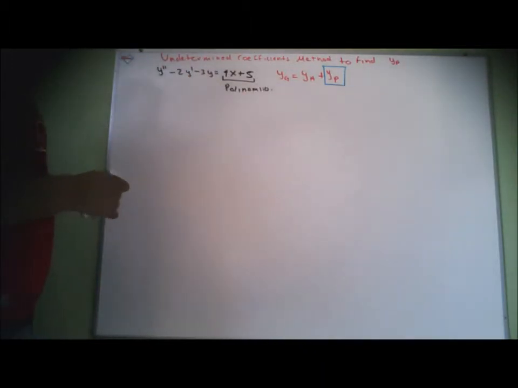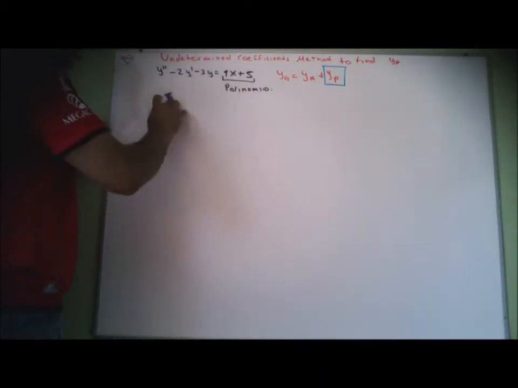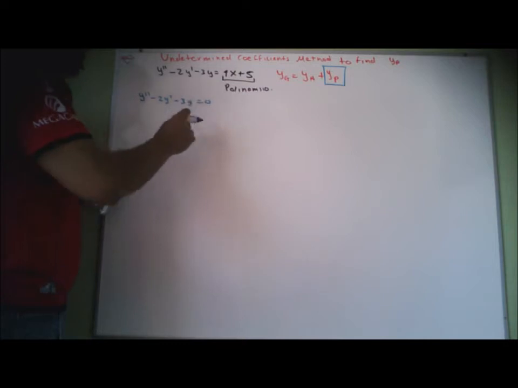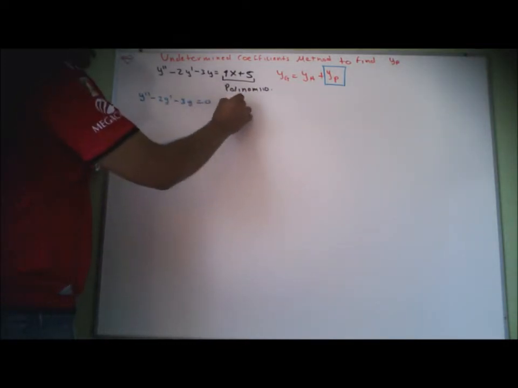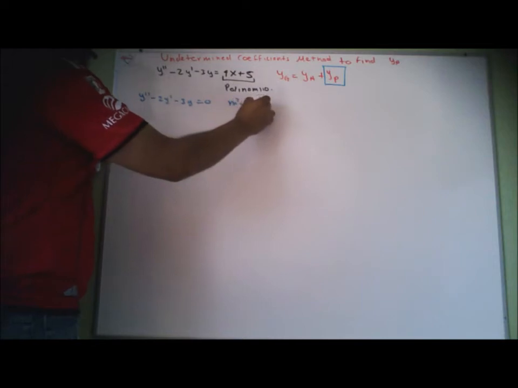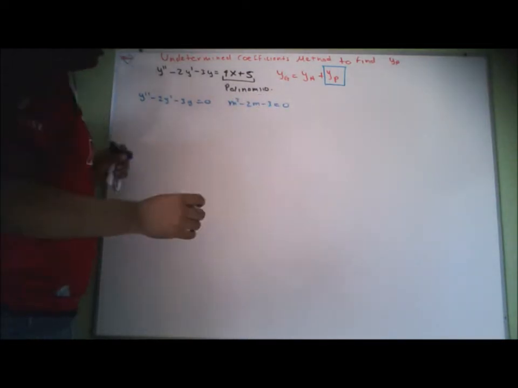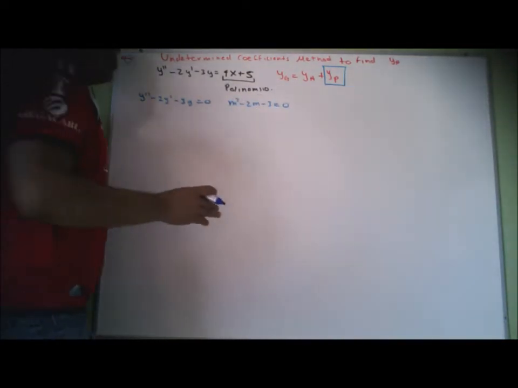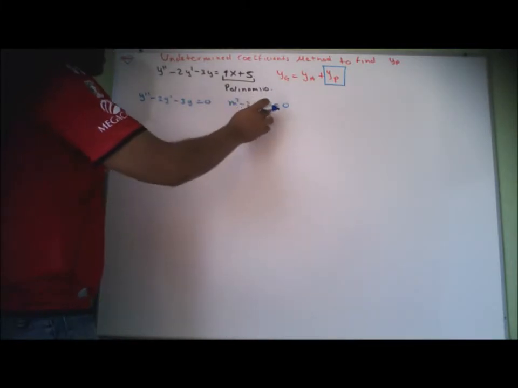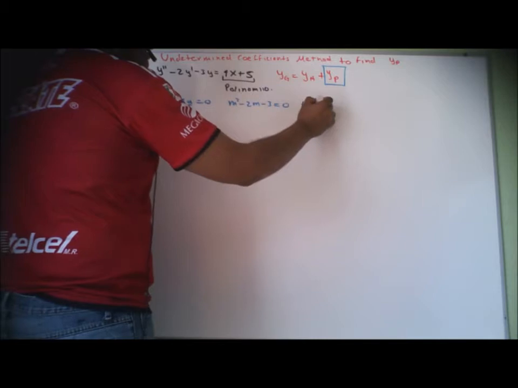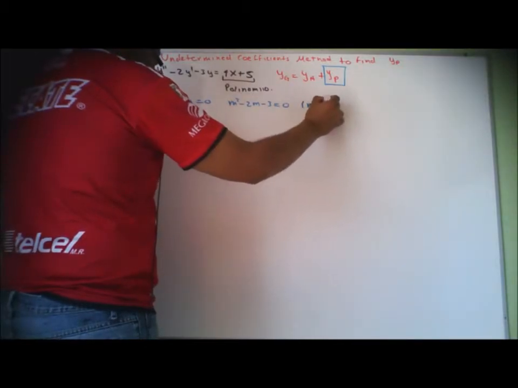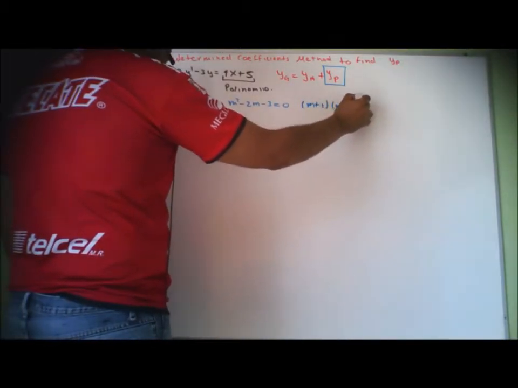The homogeneous equation is going to be: second derivative minus 2 times the first derivative minus 3y equals 0. The characteristic equation is m squared minus 2m minus 3 equals 0. Now think of two numbers whose product is minus 3 and whose sum is minus 2. I may think of plus 1 and minus 3.